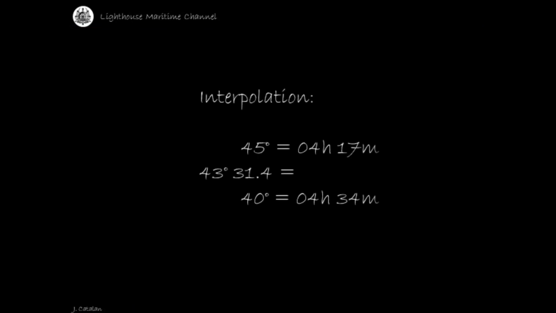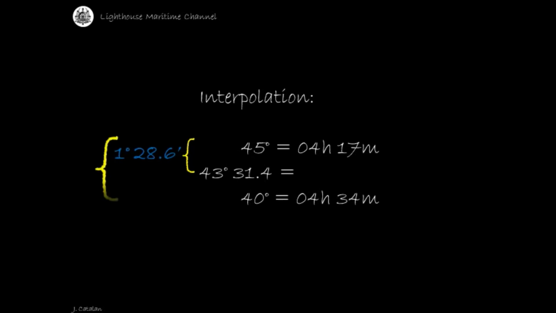Interpolation. 45 degrees is equal to 04 hours and 17 minutes. 43 degrees and 31.4 minutes is equal to an unknown value. 40 degrees is equal to 04 hours and 34 minutes. The difference between 45 degrees and 43 degrees and 31.4 minutes is equal to 1 degree and 28.6 minutes.